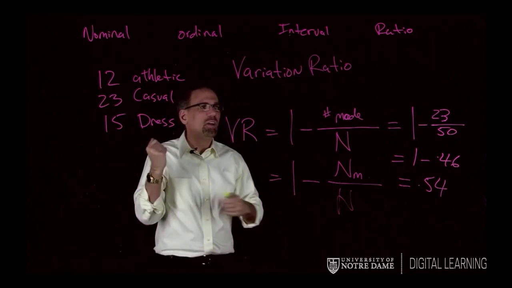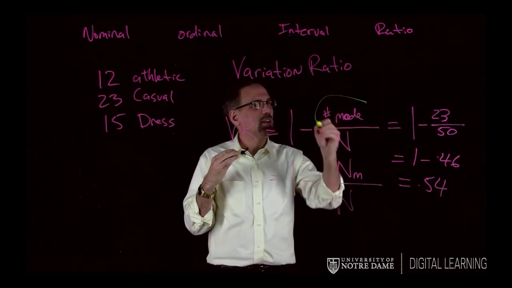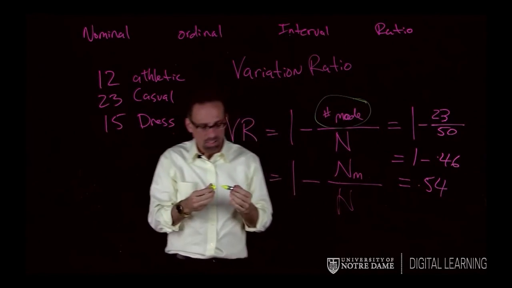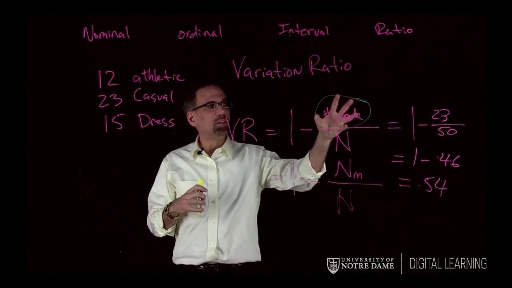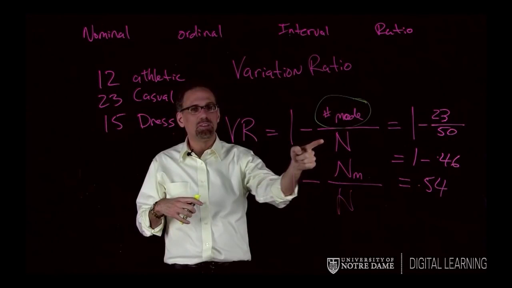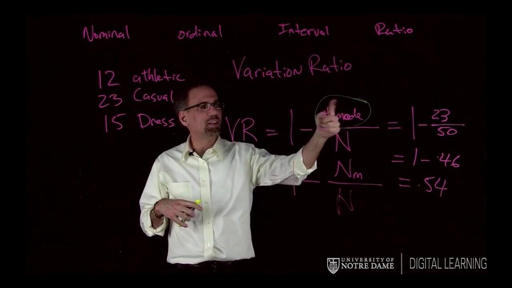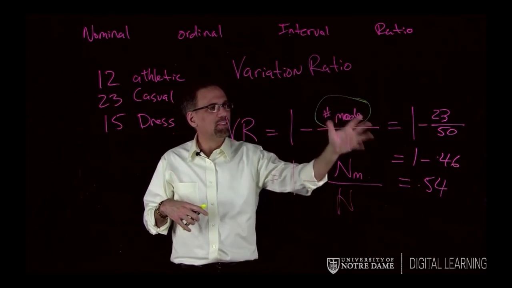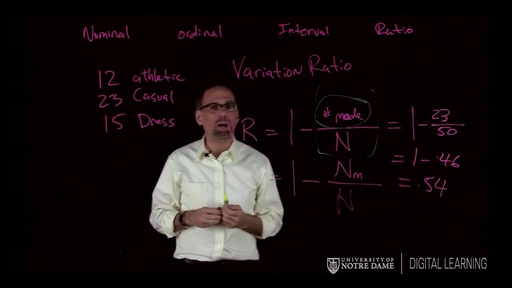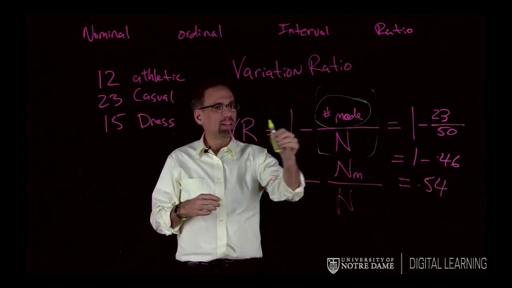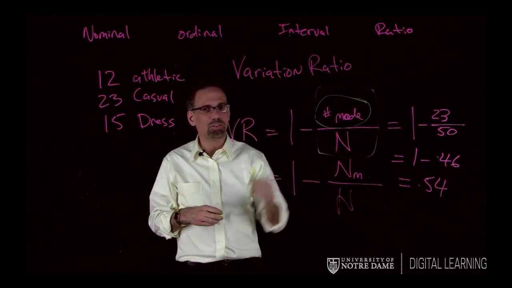Okay? So if you just think about that for a second here, if this number is getting big, so the number in the mode is getting big relative to what's underneath at the n, as this is getting closer and closer to n, this part of the equation is getting closer and closer to 1. And that's making the overall thing get closer to 0.